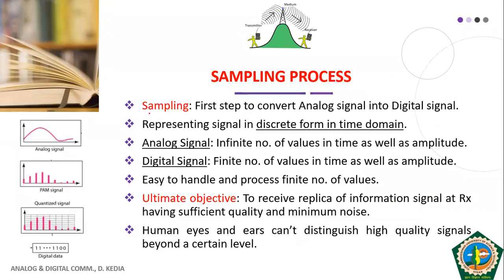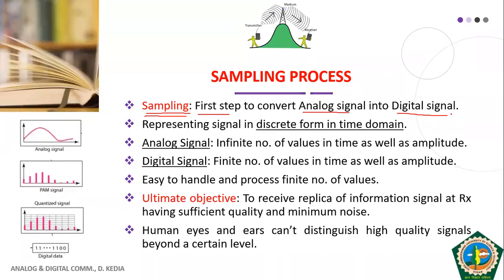So as I told you, we are moving from analog communication to digital communication. So the sampling process is the first step to convert your analog signal into digital signal. Okay, so that way also sampling is a very, very important part of the steps that are required to convert an analog signal into digital signal.